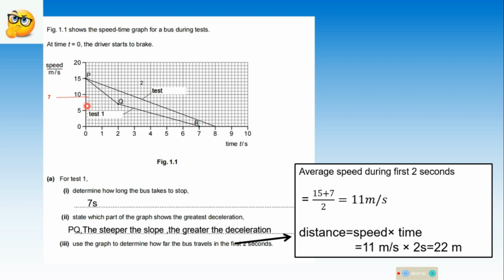So the average speed is 15 plus 7 divided by 2. It is 11 meters per second. And distance you can calculate from the formula speed multiplied by time. Speed is 11 meters per second. Time is 2 seconds. 11 multiplied by 2 is 22 meters.